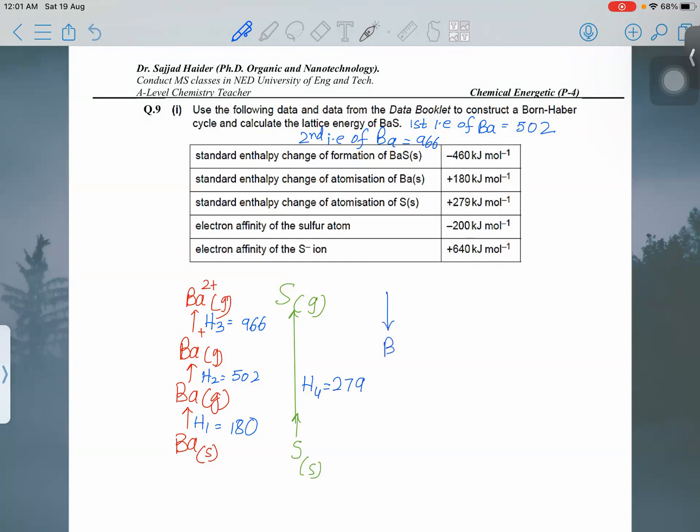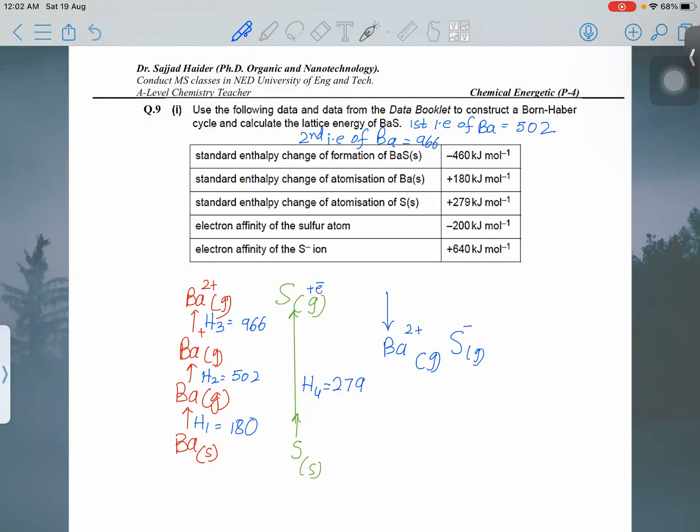So, sir, we can't even use 1/8 of S8? No, because sulfur in molecular form is not given in the exam paper. Here we have only sulfur, and the compound is BaS. Are you getting my point? Yes, sir. This is S minus gaseous.